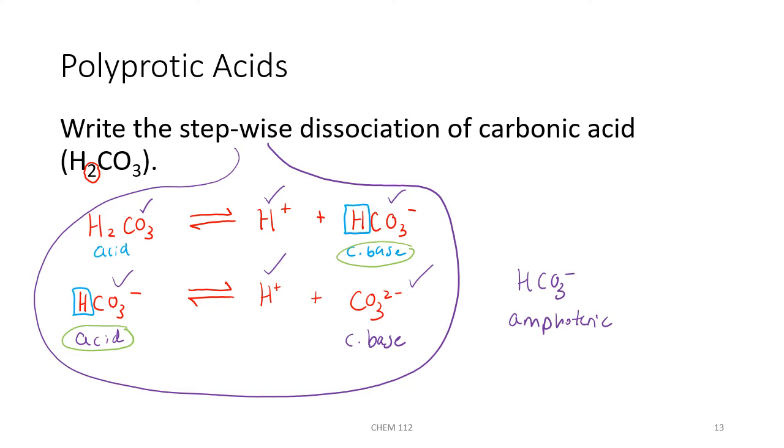Each one of our acid dissociations would correspond to its own acid ionization constant. So for our first step, we could look up a Ka1, and for our second step, we could look up Ka2. Ka1 would correspond to the Ka for carbonic acid, whereas Ka2 would correspond to the Ka for hydrogen carbonate ion.